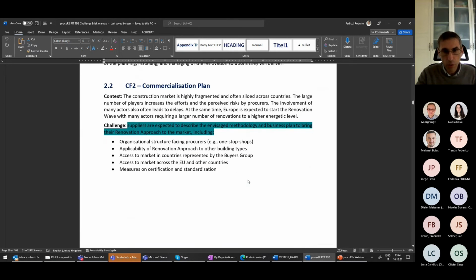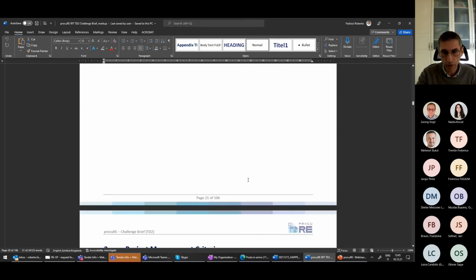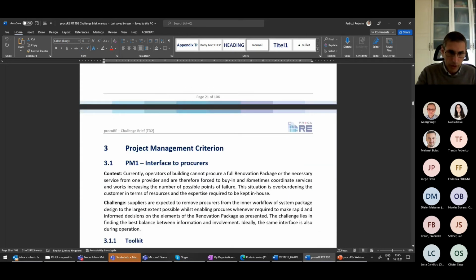And finally, we also need an indication of how the suppliers expect to go through the commercialization phase of the solutions, which is by the end of the project, how they would like to replicate their solutions beyond the 6 buildings that we are going to tackle along the project.